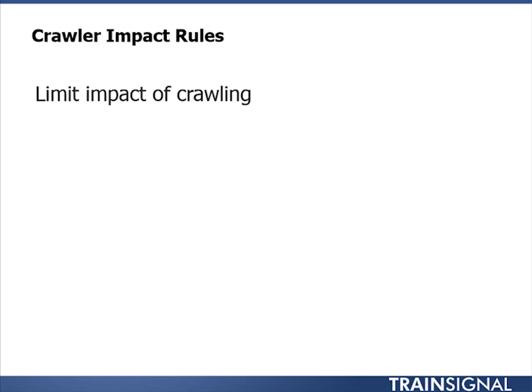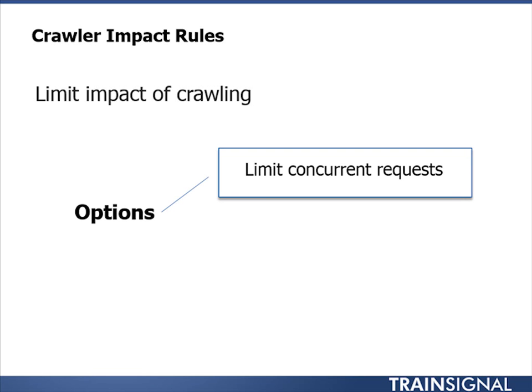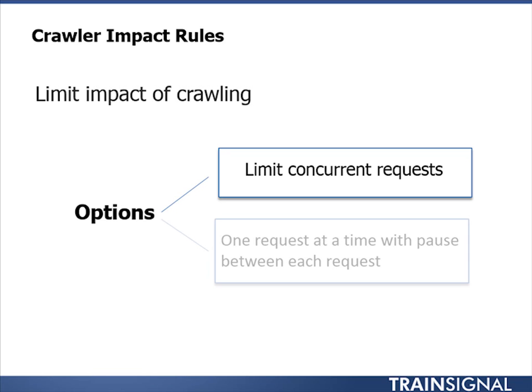And unfortunately, that can wind up slowing down the environment that I'm trying to crawl. This is where my crawler impact rules come into play. My crawler impact rules allow me to limit the impact of crawling, and I can do this in one of two ways. Either A, I can limit the number of concurrent requests, or B, I can tell it to do one request at a time and then pause between each request.